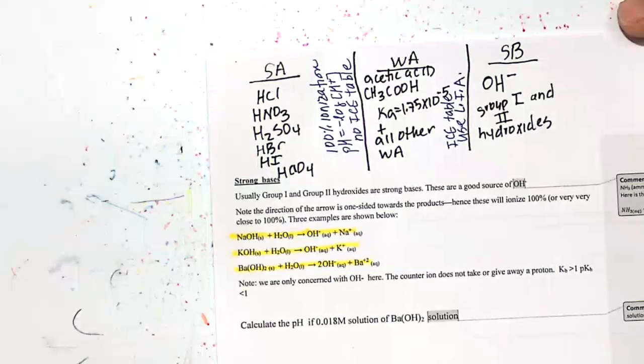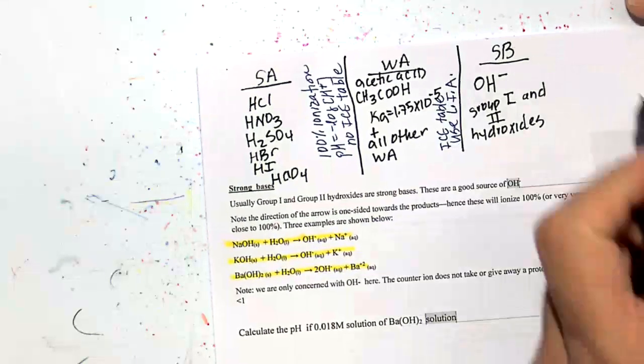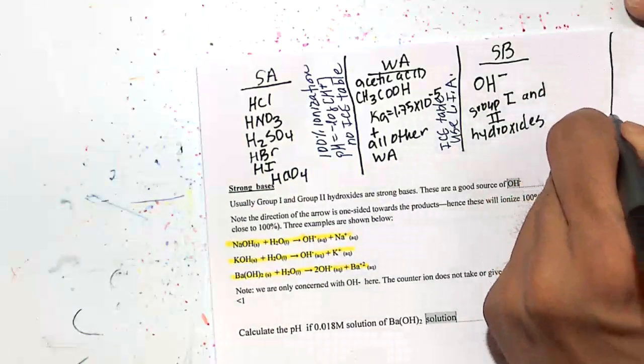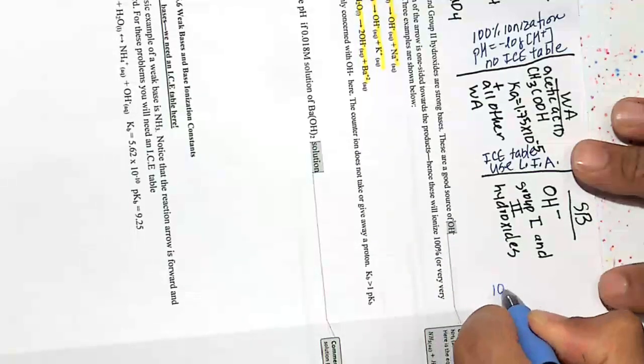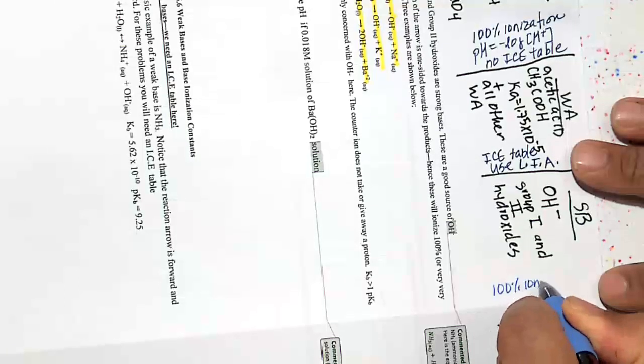Okay, what do we know about our strong bases? If a strong acid is 100% ionization to H+, what is a strong base? It's 100% ionization to OH minus.